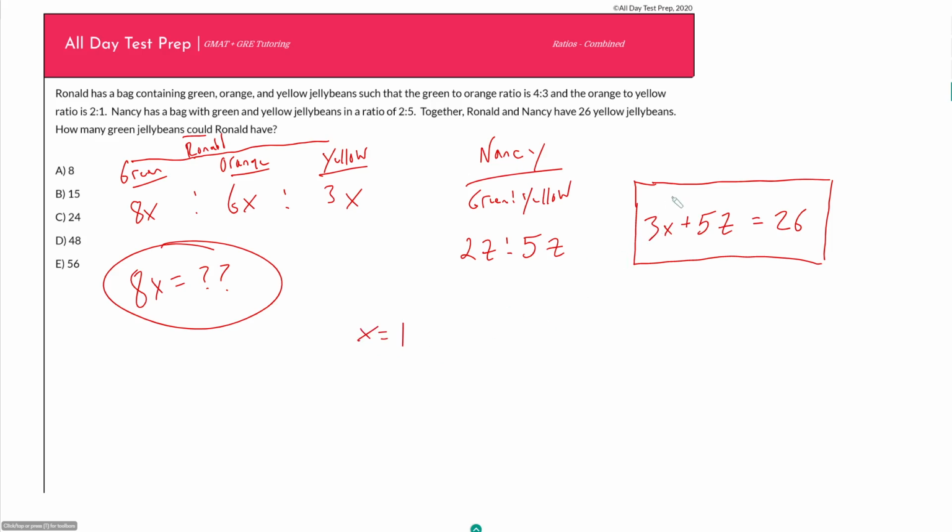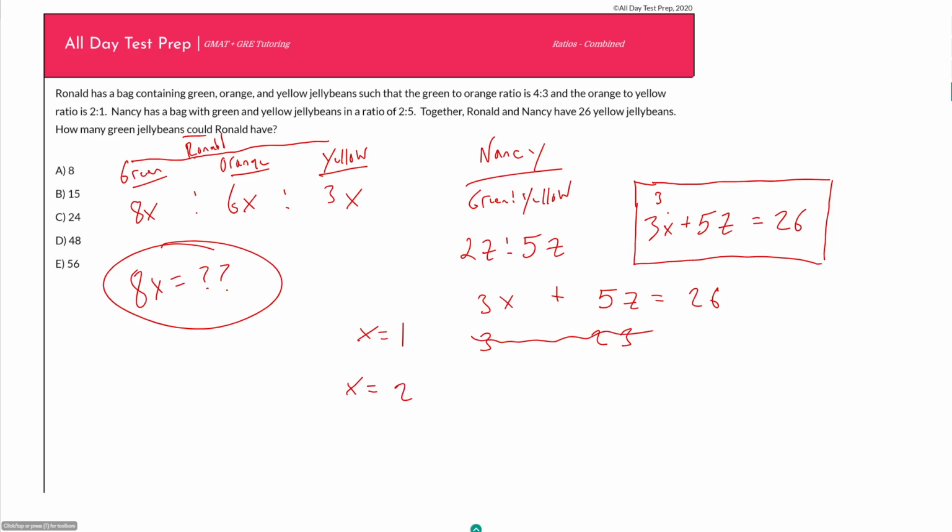Then we would have 3 here, and we would have to have 23 over here. If x is equal to 1, this is equal to 3, means this has to be equal to 23, but this can't be true because this has to be a multiple of 5, which 23 is not. So this isn't possible.